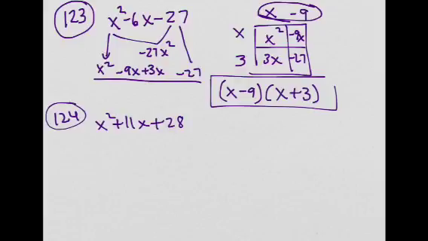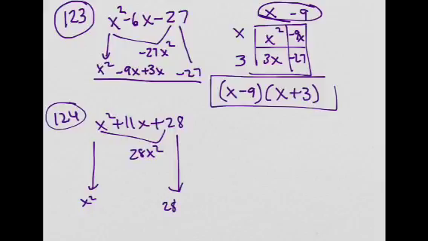So that's why I'm going through the steps. But basically, you multiply these two right here, 28x squared. You bring down the x squared, bring down the 28, and then you find factors of 28 that add up to 11. So that would make it 7x and 4x.